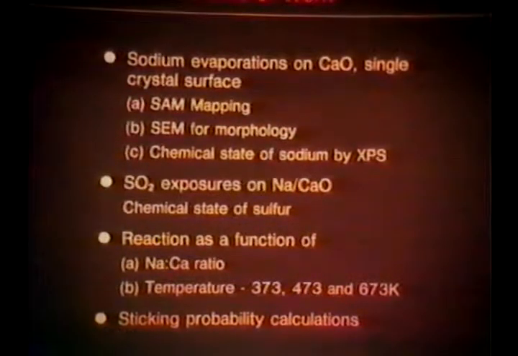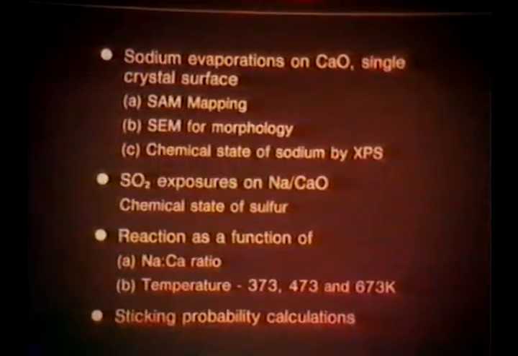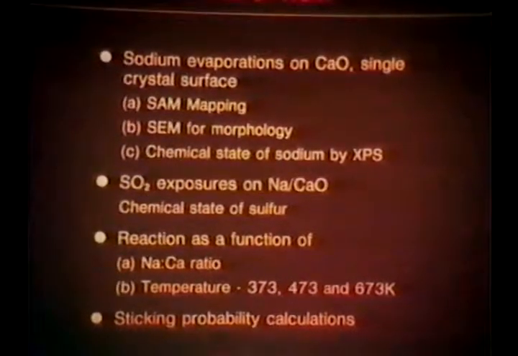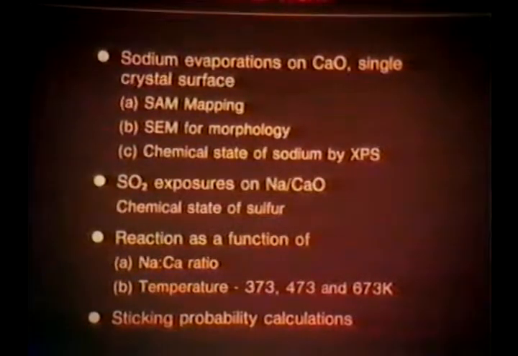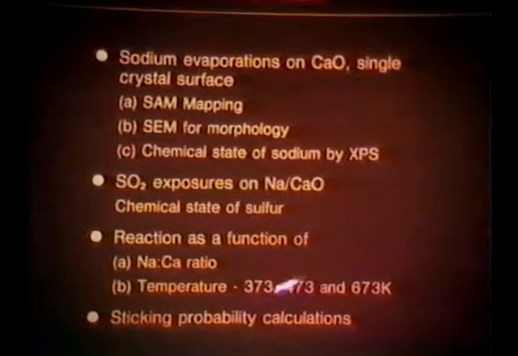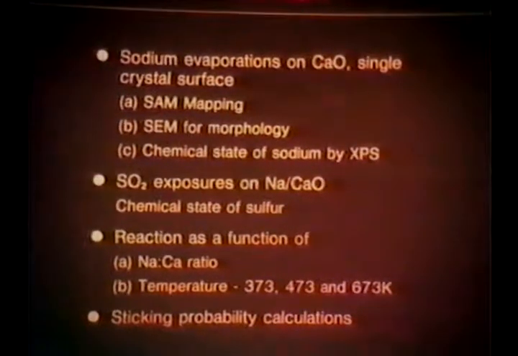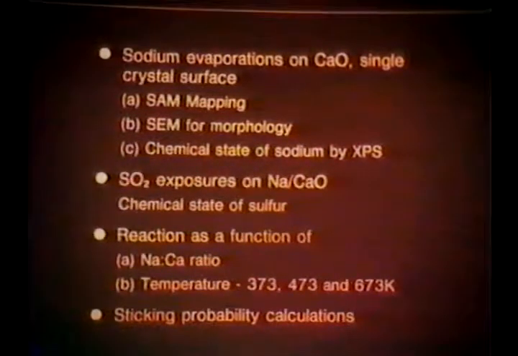Then sulfur dioxide exposures on sodium deposited on calcium oxide, then identify the chemical state of sulfur. Then the reactions were carried out as a function of sodium to calcium ratio and also at three different temperatures, 373, 473 and 673 K. And then finally, the sticking probability calculations.